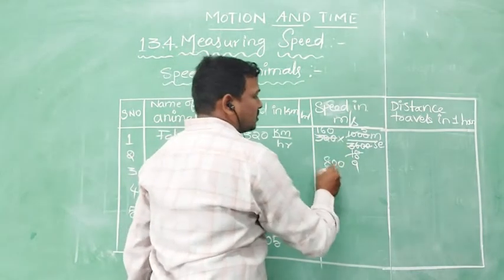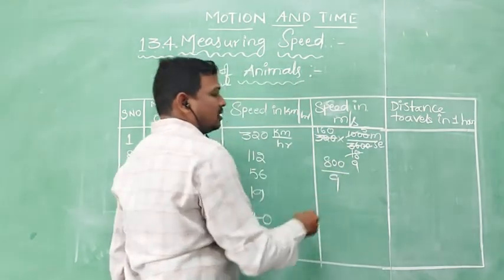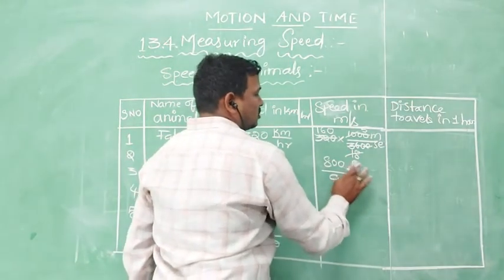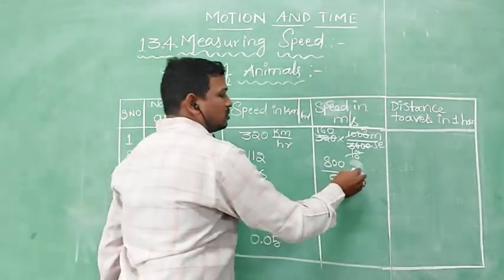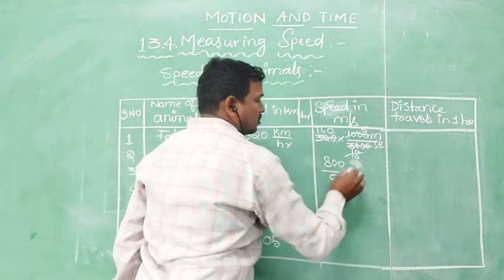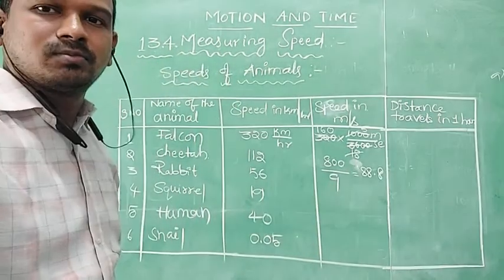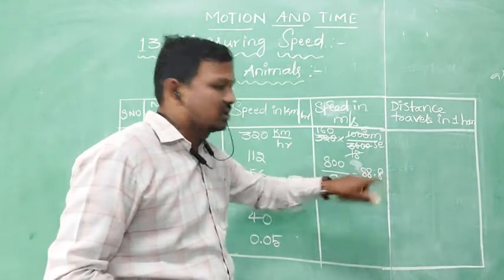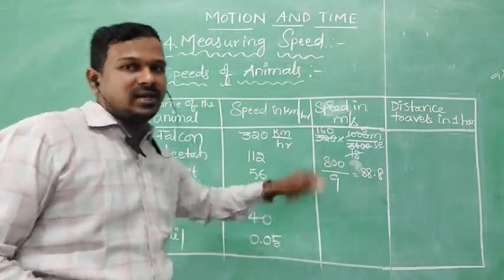800 by 9. So if you calculate, it will be 88.8 meter per second, which is the speed in meters.